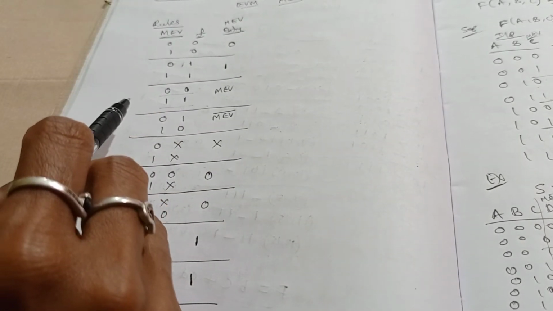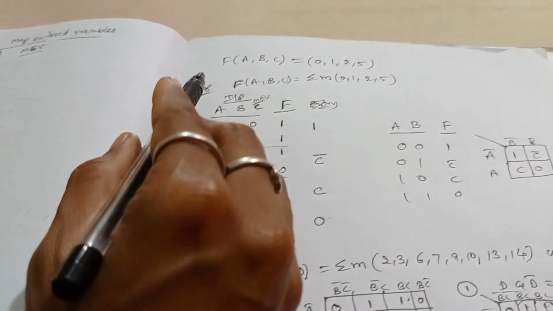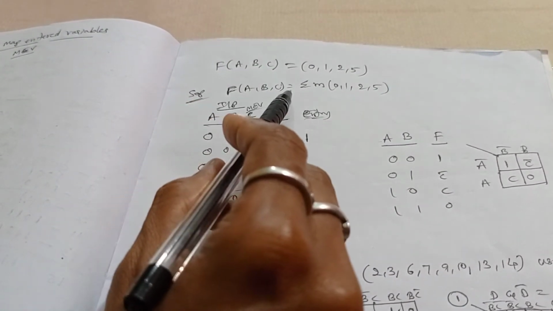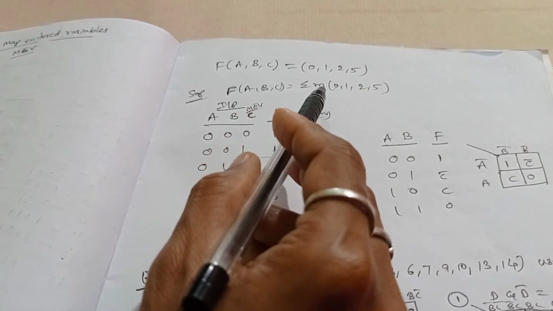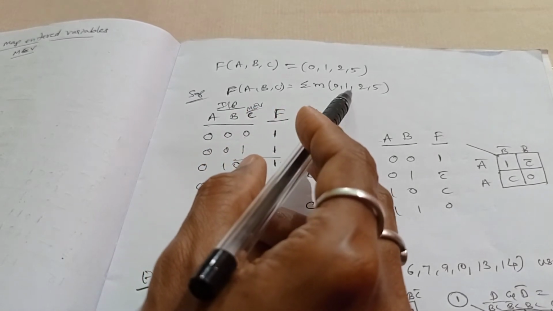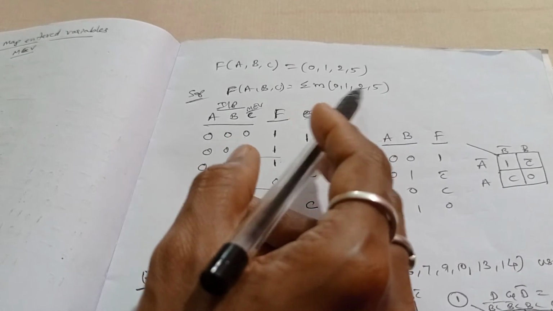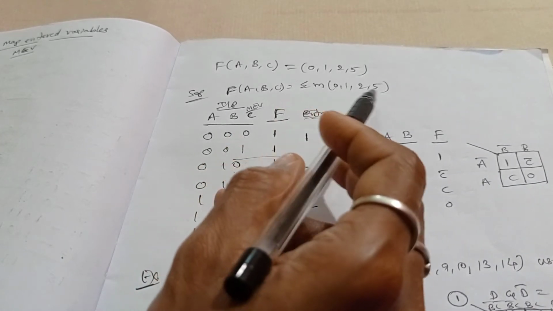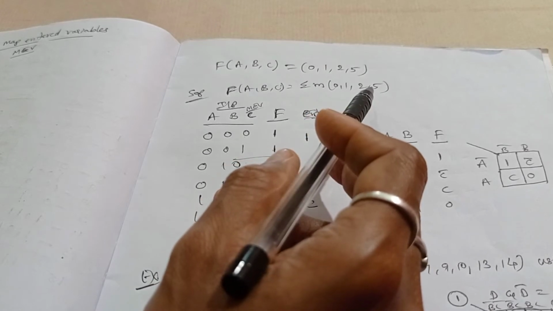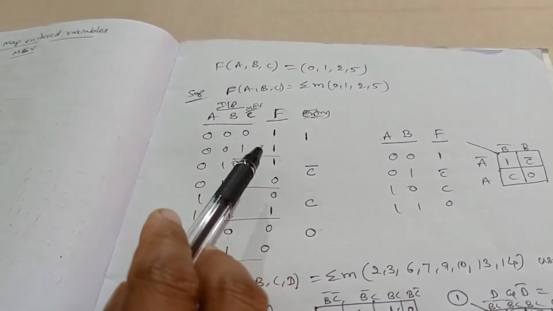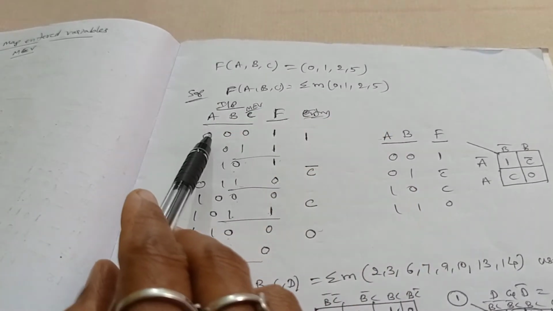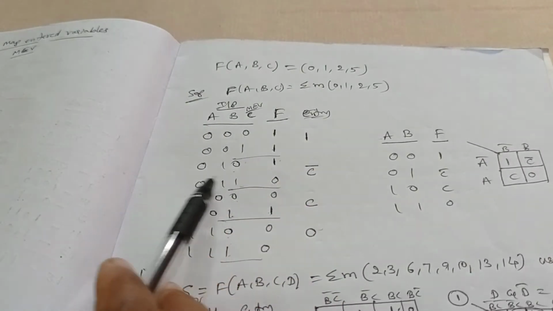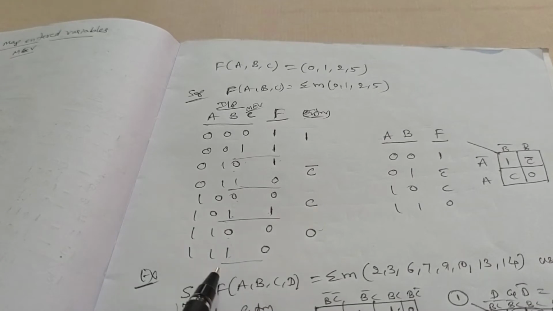Now we'll see an example. The given SOP is f of A, B, C equals summation m of 0, 1, 2, 5. This is the given SOP. Wherever these terms appear, the output is 1. We write the 3-variable combinations 0, 1, 2, 3, 4, 5, 6, 7.